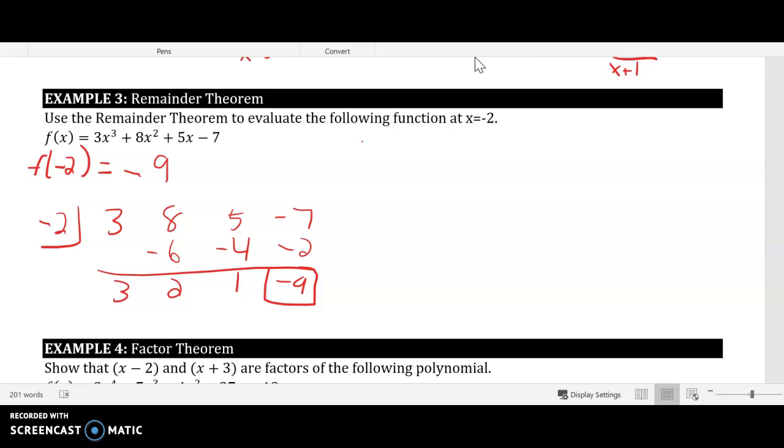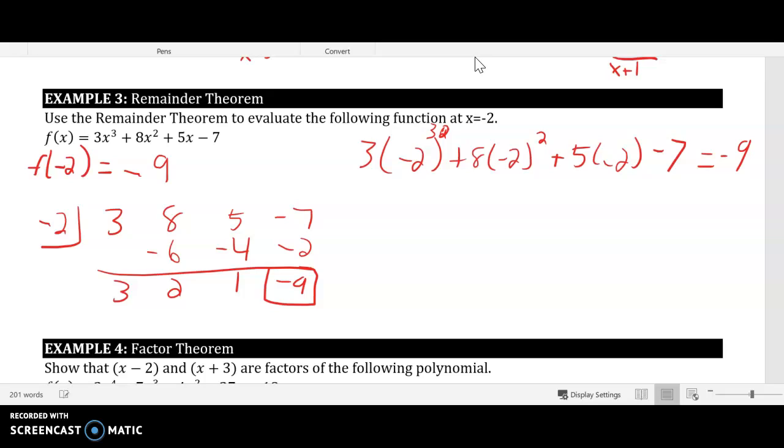If you were to do it the old way, take 3 times -2 squared. You're taking -2 and you're plugging it in. I'm sorry, that's a cube, not a square. This should equal negative 9.